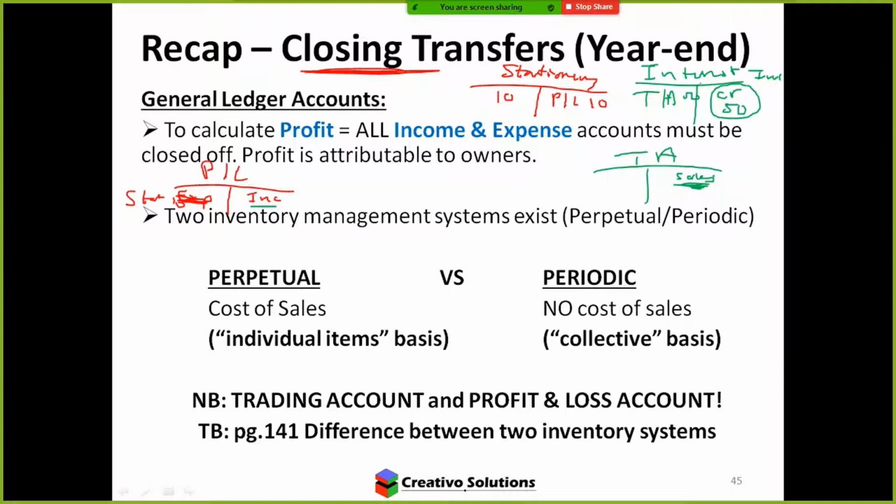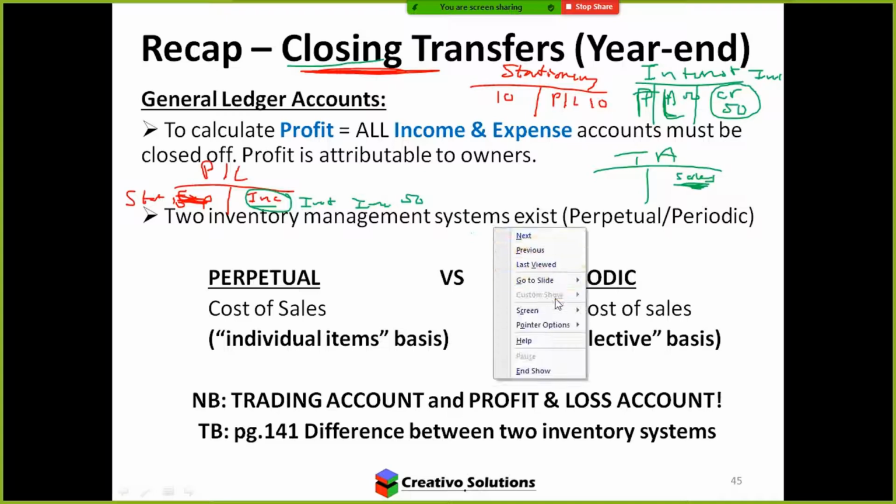To close off the interest income, I would debit the account with P&L, profit and loss, and then in profit and loss, I would show interest income, 50. Every debit has a credit, always, even for closing transfers. You're referencing things in different accounts.